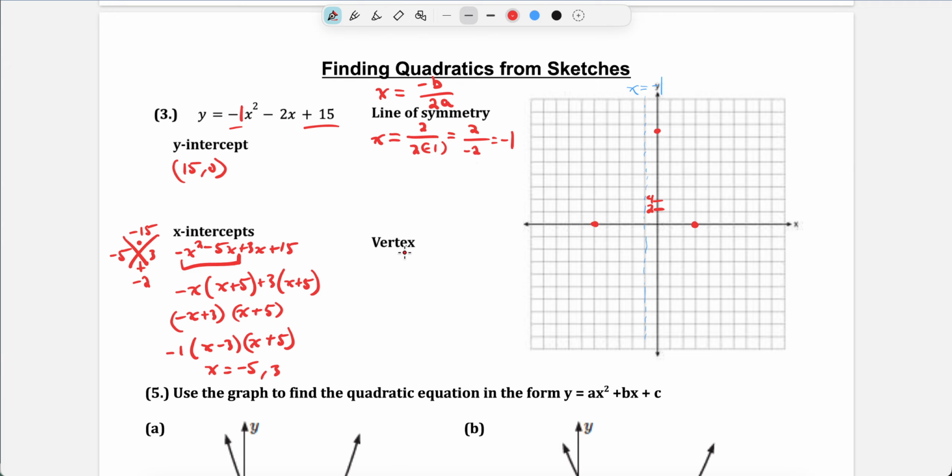All right, but now we need to go ahead and find our vertex. So I'm going to put this in vertex form. So first thing I'll do is factor out the negative, and I'll have x squared plus 2x. So divide by 2 and square it, so that gives me plus 1. Okay, and then I move this plus 15 off to the side here.